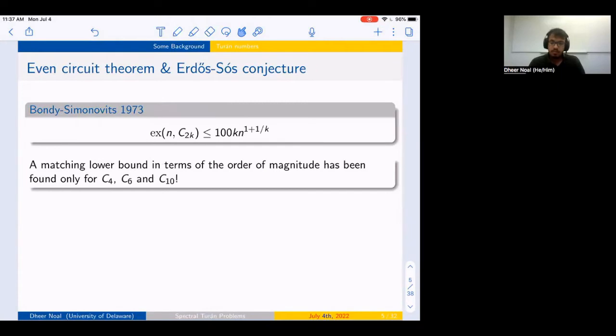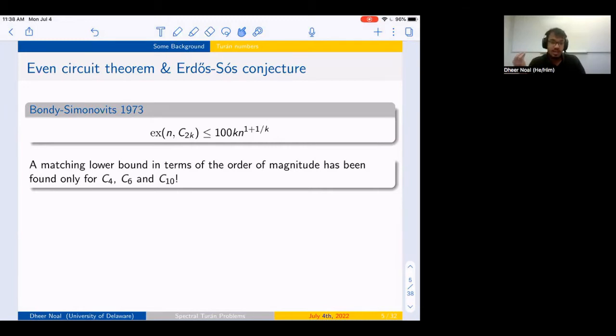Right. Some other basic bipartite graphs would be the even cycles. So when we're forbidding the even cycle, there are some results which have been known for a long time for upper bounds for the Turán number, but matching lower bounds haven't been found for many cases.